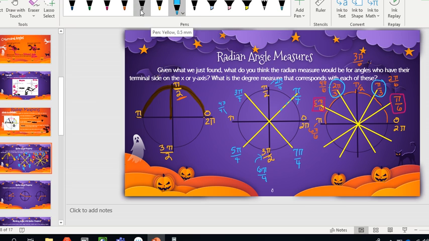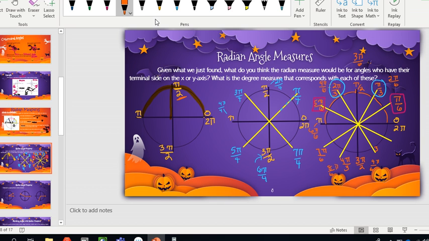All right, so if you haven't done so, go ahead and finish this out. So we had 6 pi over 6, 7 pi over 6, 8 pi over 6, which is 4 pi over 3. And, oh, wait a minute, we've already got a number for this, 3 pi over 2. This is 9 pi over 6, which reduces to 3 pi over 2.